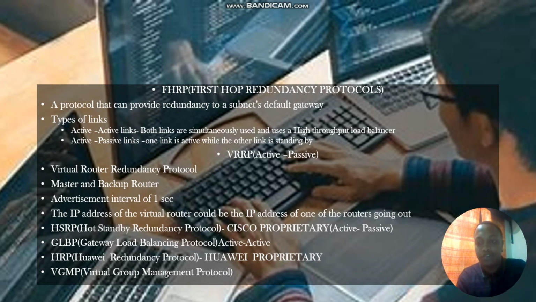We talked about them earlier, and a first hop redundancy protocol provides redundancy to a subnet's default gateway. That is, in case a default gateway or a router in a certain network fails, you're able to get another gateway to take you out to the public internet.